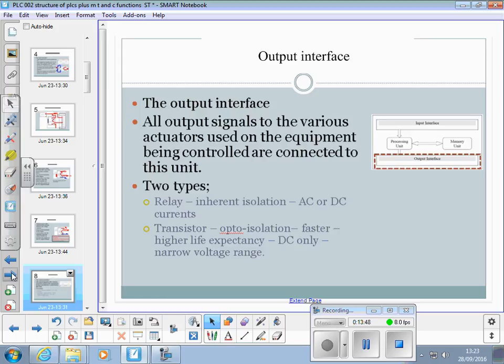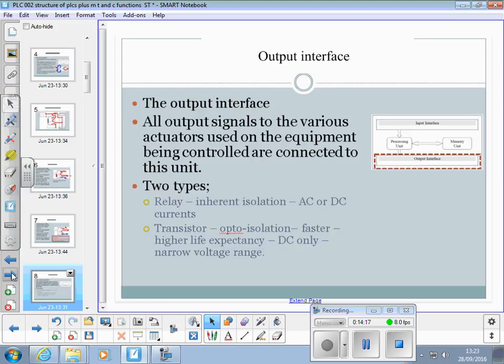Relays, both methods, relay or transistor, have their advantages and disadvantages. Relays, advantages: they are cheap, they can take AC or DC current and a variety of different voltages in general, and usually a higher current than transistors.